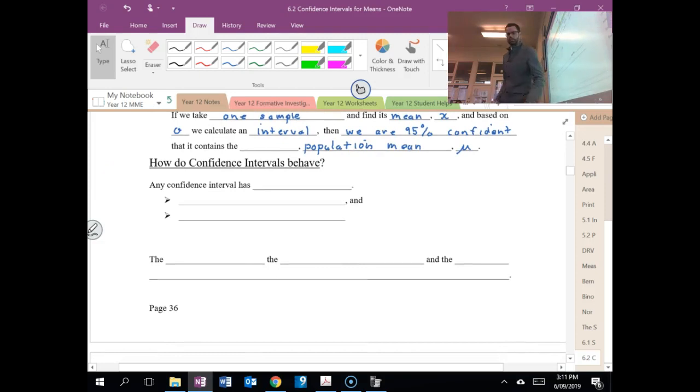So how do confidence intervals behave? Well, they have two aspects which kind of play off against each other. First one is the level of confidence. We want to be confident that it's in there.